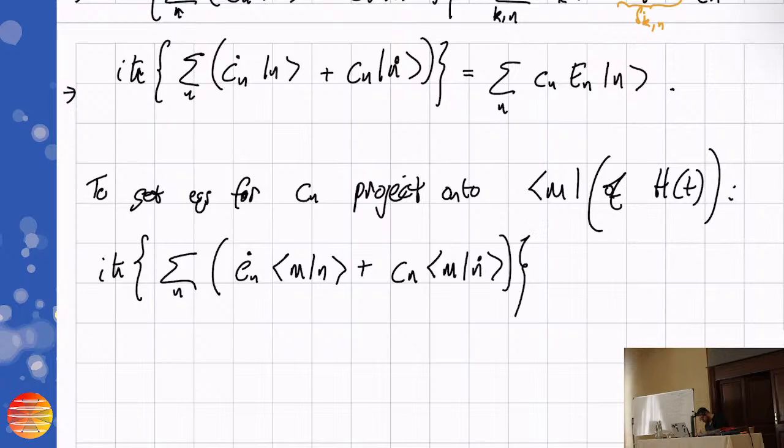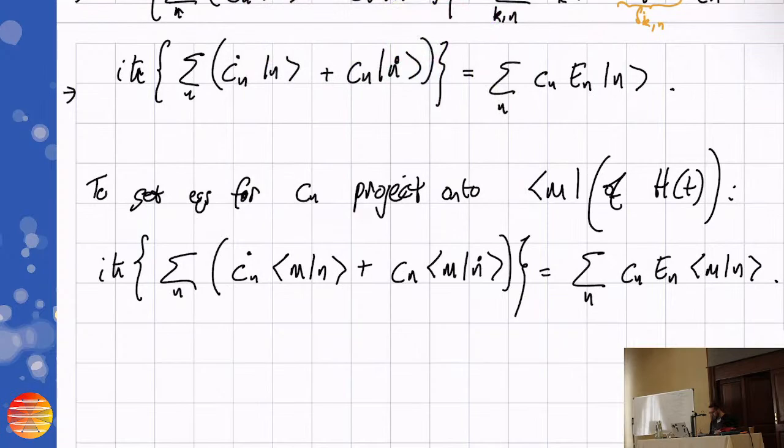That should be equal to, on the right-hand side, a sum over n of Cn En ⟨m|n⟩, these inner products. Okay.